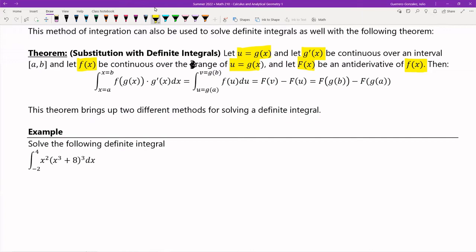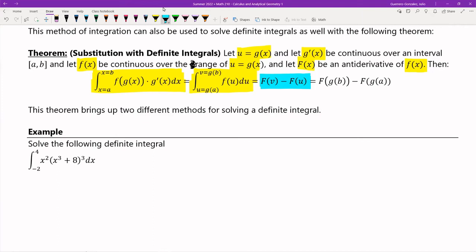I want to explain the equality really quick, okay? The definite integral from a to b of f of g of x times g prime of x dx, because of the substitution, is equivalent to this integral right here, which is equivalent to this right here, F of v minus F of u.